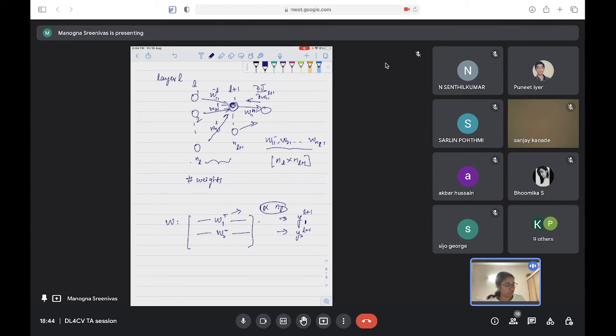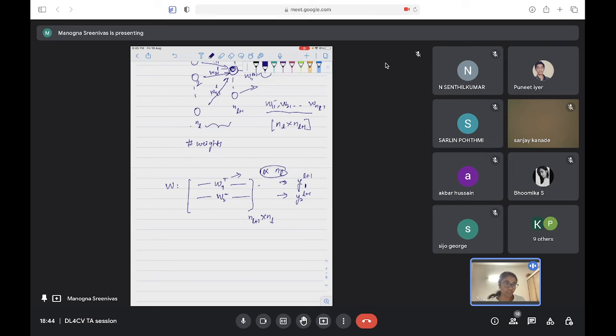So in my (L+1)th layer, the output of the first node in the (L+1)th layer is affected by only W1 transpose, not the rest of the weights. Do you understand the structure of this matrix? Anyone confirm?